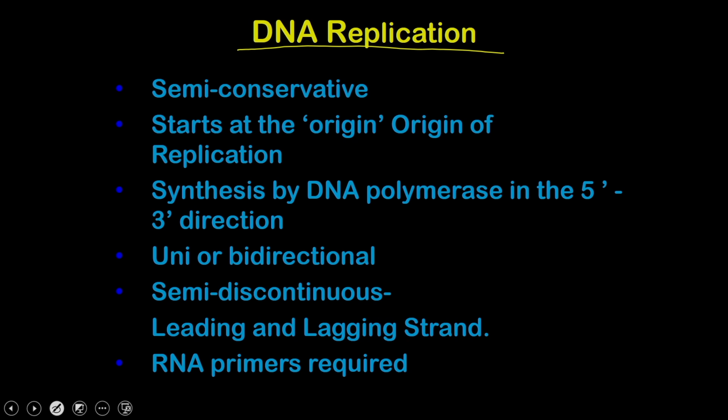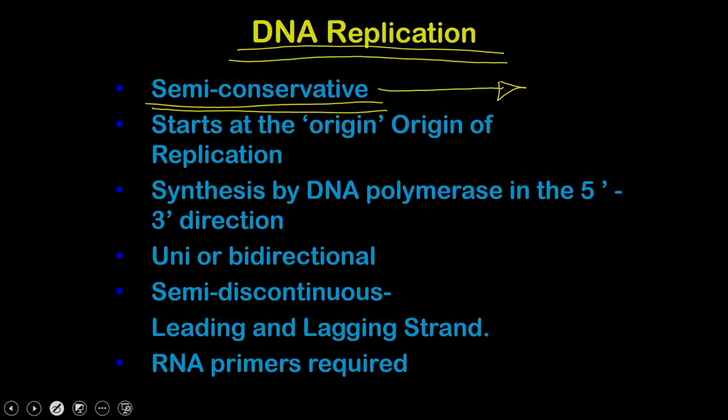Now, DNA replication has various characteristics. For example, DNA replication is semi-conservative. For example, if these are the 2 strands, 1 and 2, replication is going to give you 4 strands.